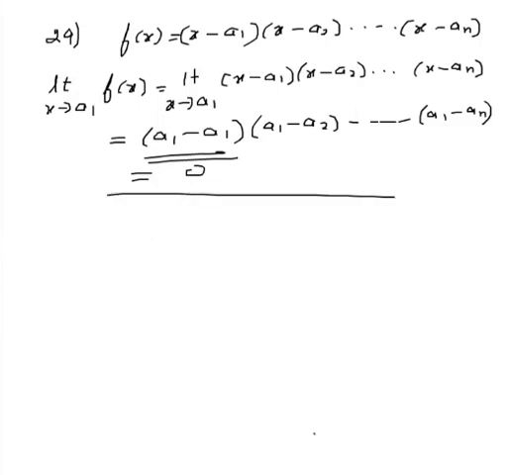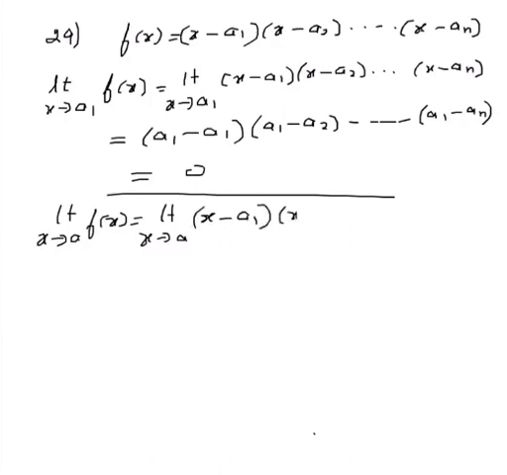Now the second part of the question, we need to find the limit as x tends to a of f of x. Let us write the function f of x. F of x is x minus a1 times x minus a2 times etc. The last term is x minus an.